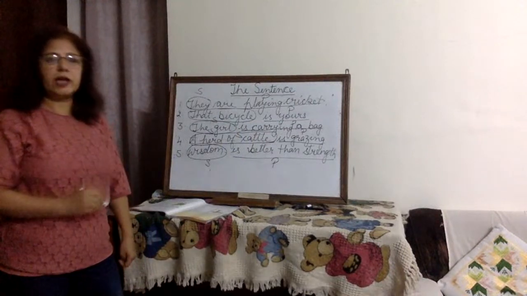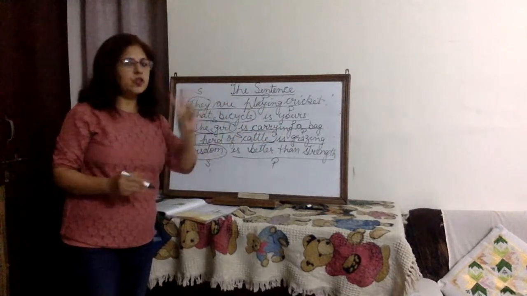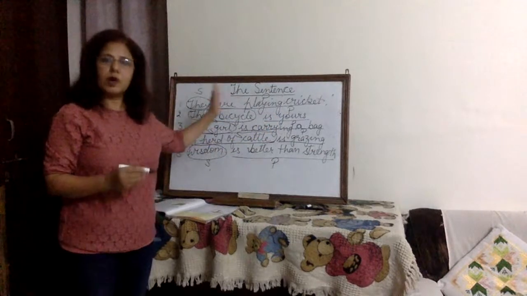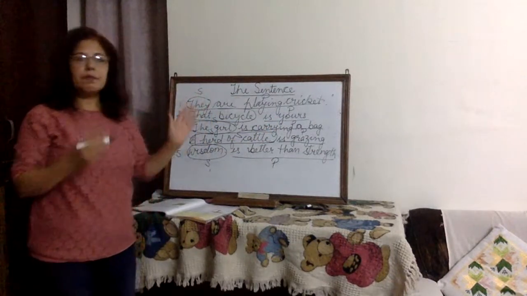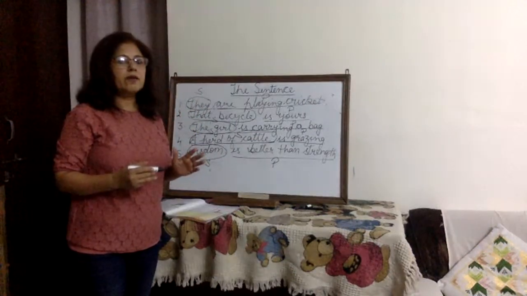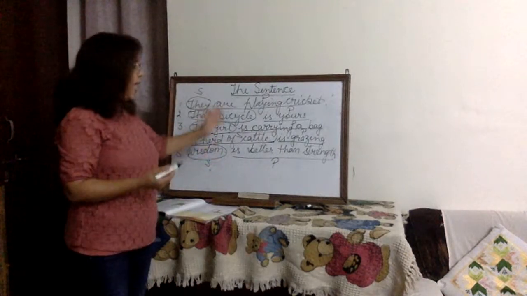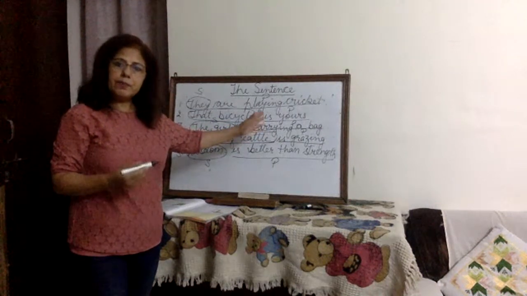So I want to tell you that a sentence is divided into 2 parts, subject and predicate. What is subject? It is the naming part, the place, the person, the thing, or the emotion that we talk about, or the doer. And the second part is the doing part, or the predicate.